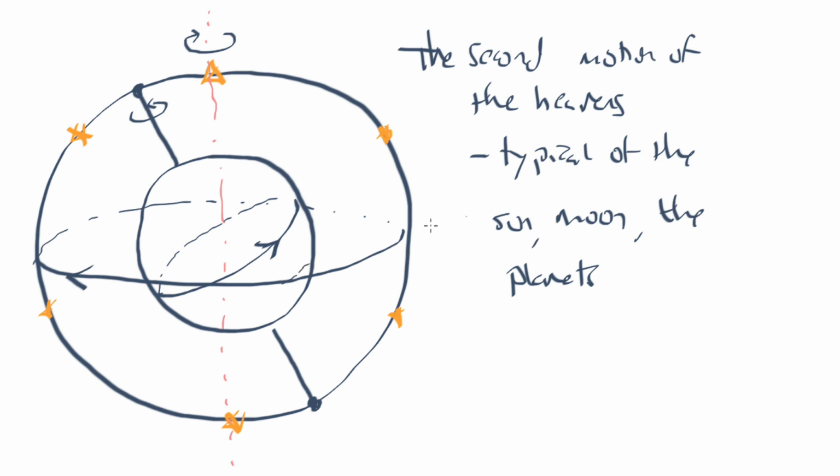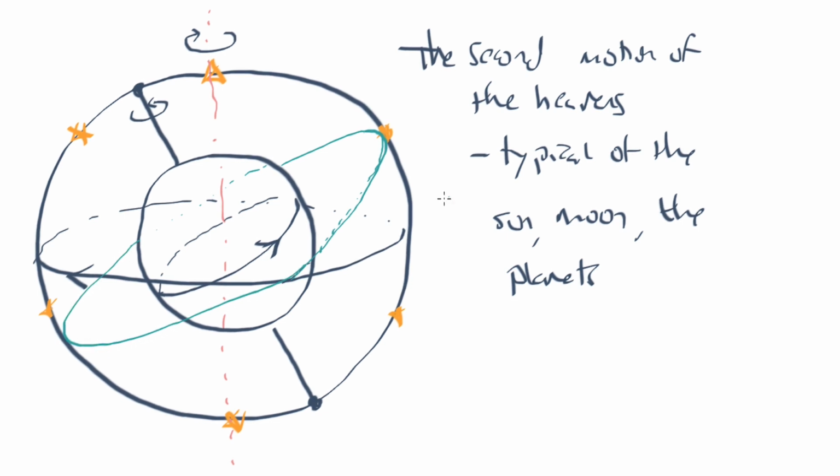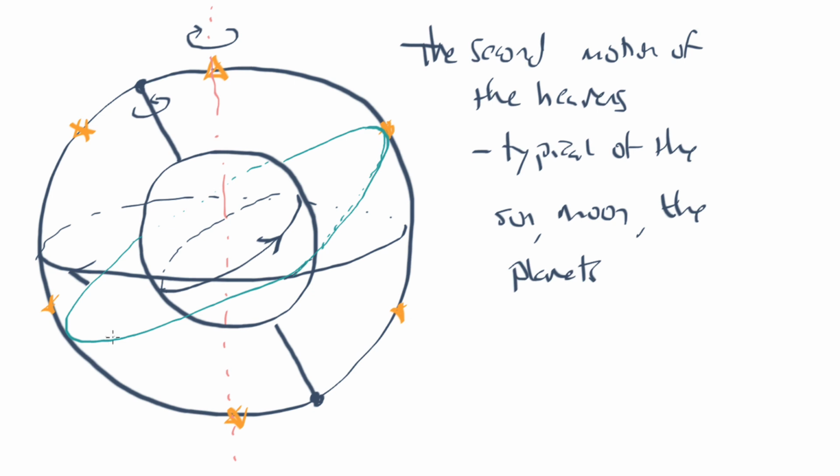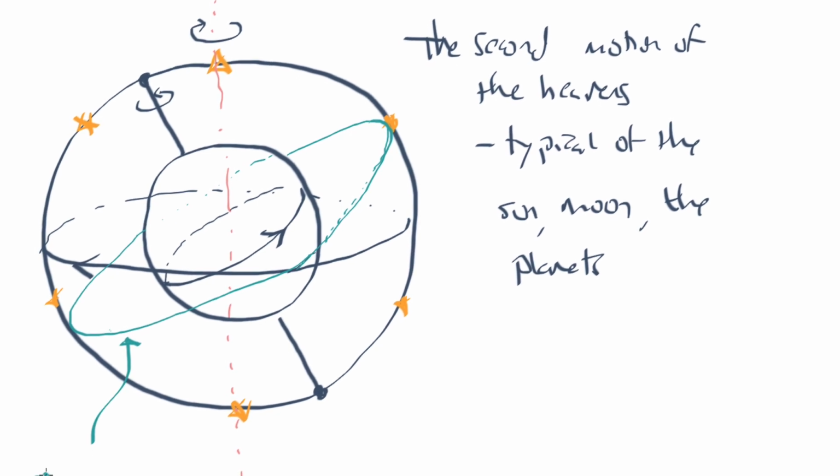I'm going to draw another band. Let's make this one blue. I'm going to draw another band on this outer sphere, and it's tipped at the same angle as the equator of this inner sphere. This band right here is called the ecliptic.